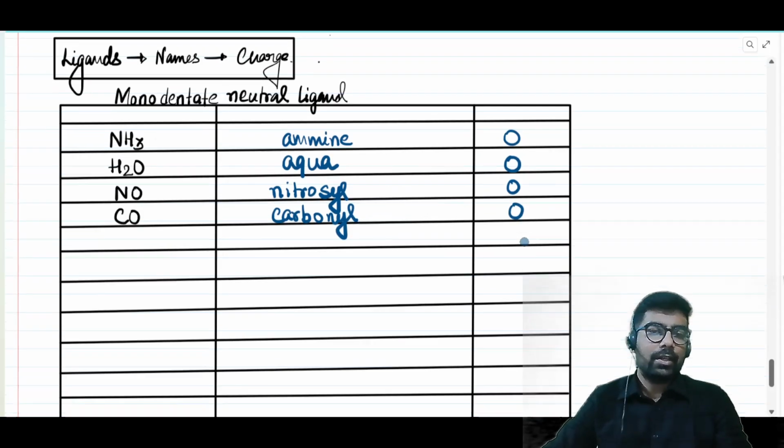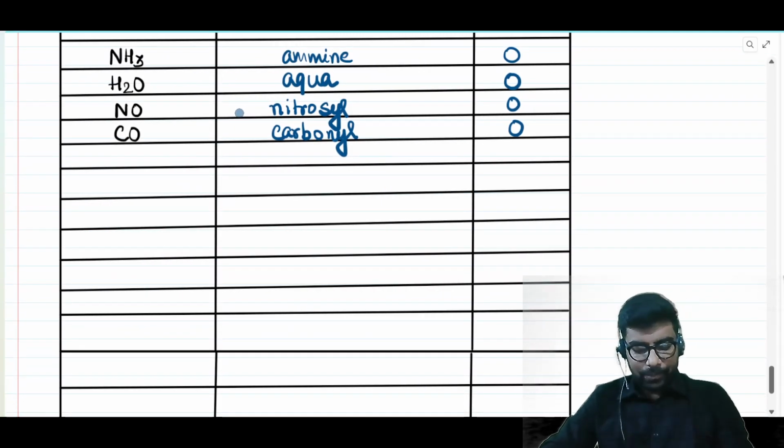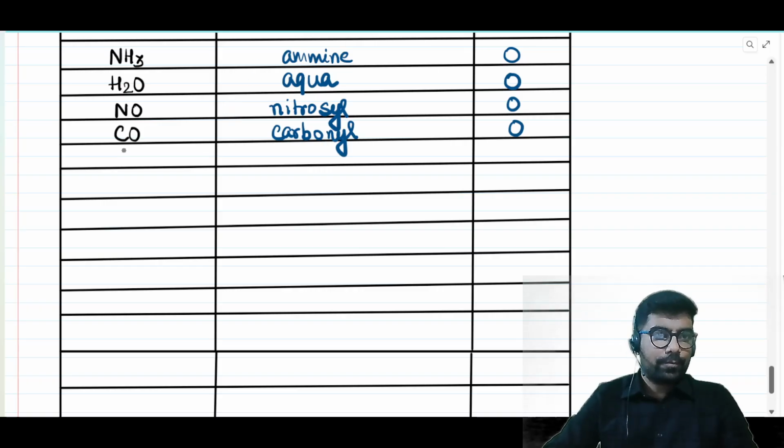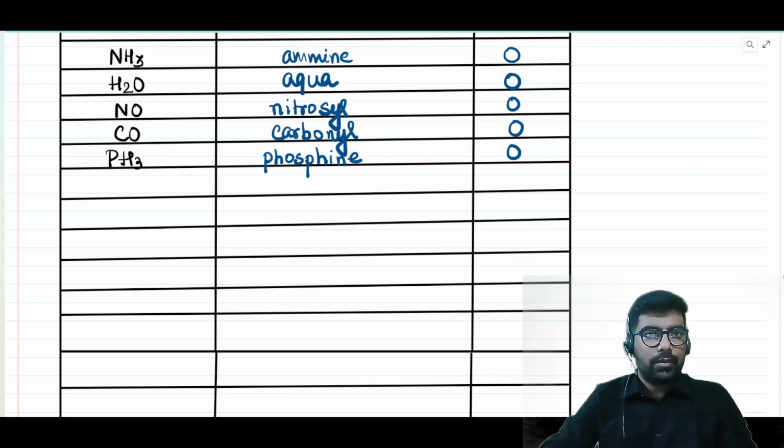We are talking about neutral ligands, so every charge will be 0 in this set. Then we have PH3. We call it phosphine. Charge is 0. Then we have PPh3.